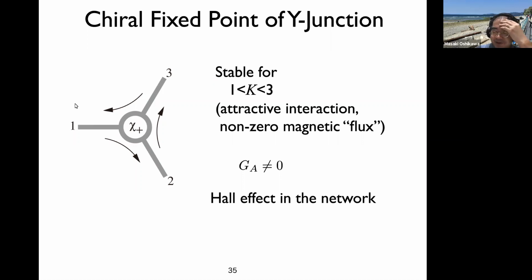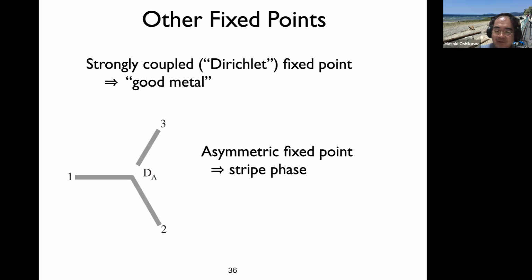Good question. That's another thing I'm trying to figure out. I haven't yet got a complete answer, and I'm not sure how realistic it is. But if we suppose electrons are subject to attractive interaction, then each segment may be modeled by an attractive Luttinger liquid with Luttinger parameter K bigger than 1. In that case, you can stabilize this strongly coupled fixed point.